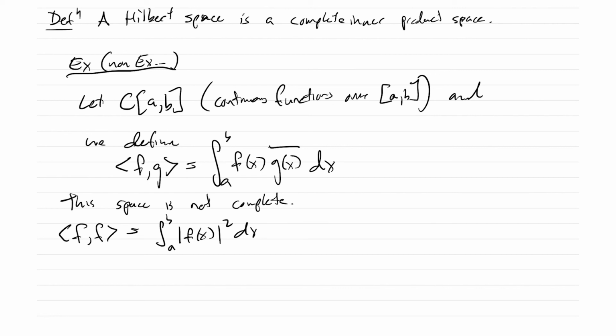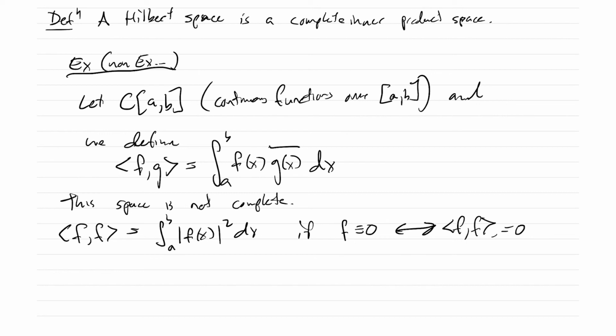If f is identically 0, then you get f comma f equal to 0, and conversely the other way around, because we know that if the integral of a positive function is 0, then the function couldn't have been non-zero anywhere on the inside. Again, this is a typical thing that you see in your regular analysis class.